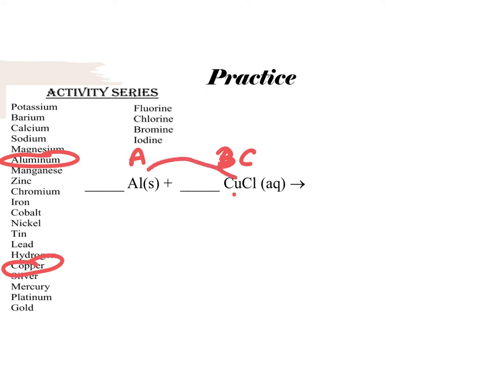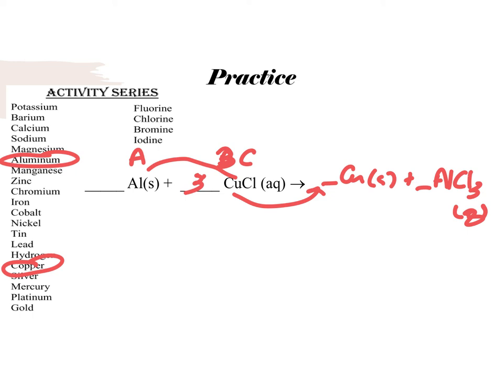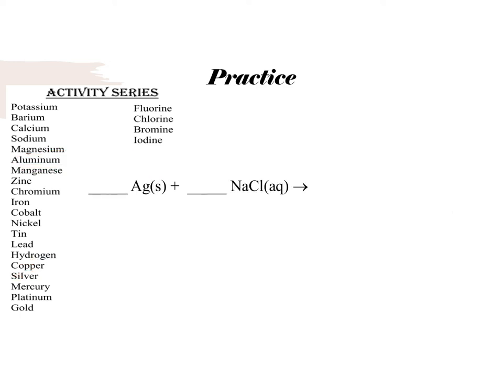The aluminum's going to bump out the copper. We're going to come over here. We're going to have solid copper. And then we're going to have aluminum chloride, and you have to make sure that you balance the equation correctly. That's still going to be aqueous. Then let's finish balancing. We need 3 of the chlorides, which means we're going to have 3 of the copper. So this reaction takes place.